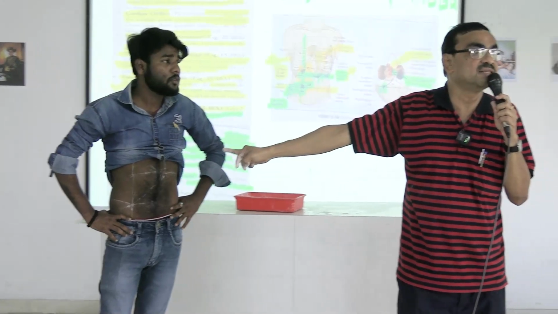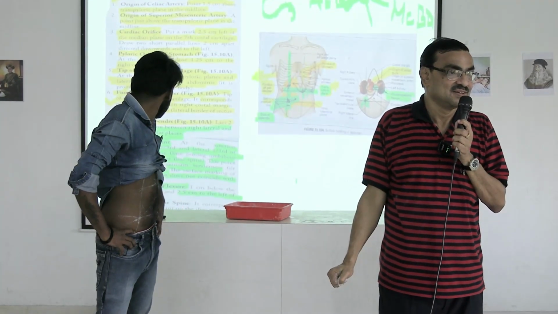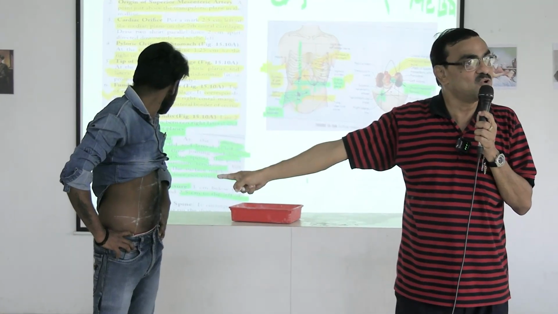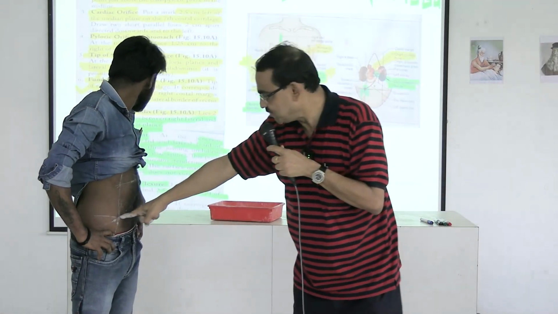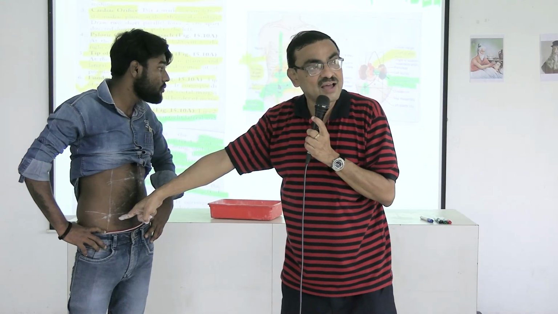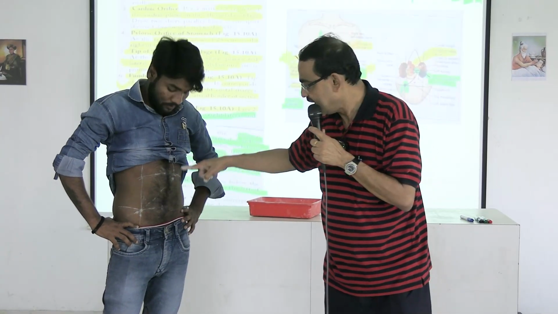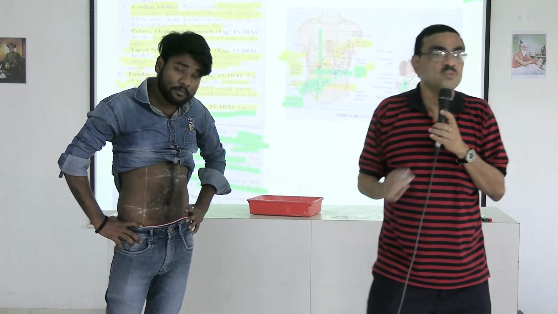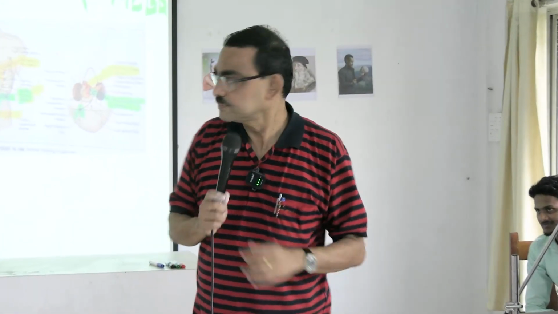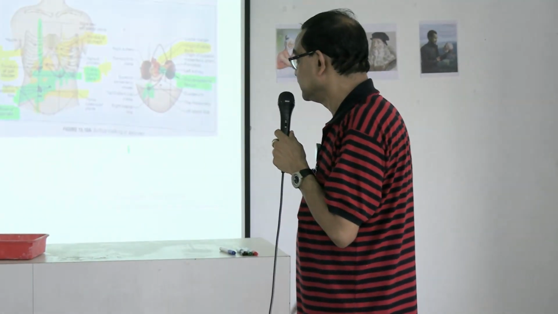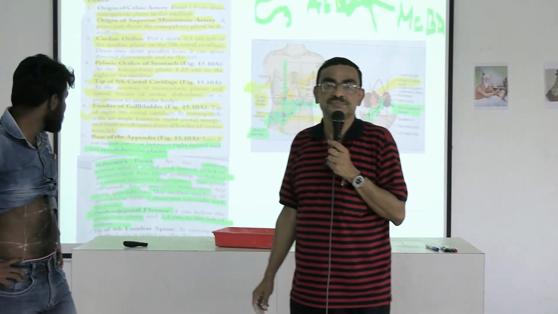This is nothing but the root of the mesentery. First, we have to know the duodenojejunal flexure and the ileocecal orifice. If we join these two, we will get the root of the mesentery. Now the fourth lumbar spine.